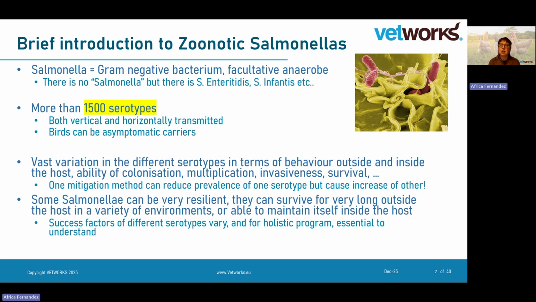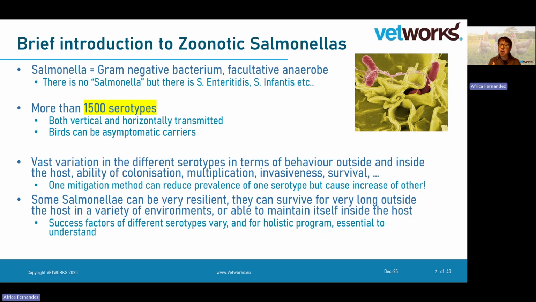So it's not easy to have a list of rules to control zoonotic Salmonellas. We have to go a little bit deeper and understand which Salmonella we are dealing with, and even knowing the serotype, quite often we need to go a little bit further.